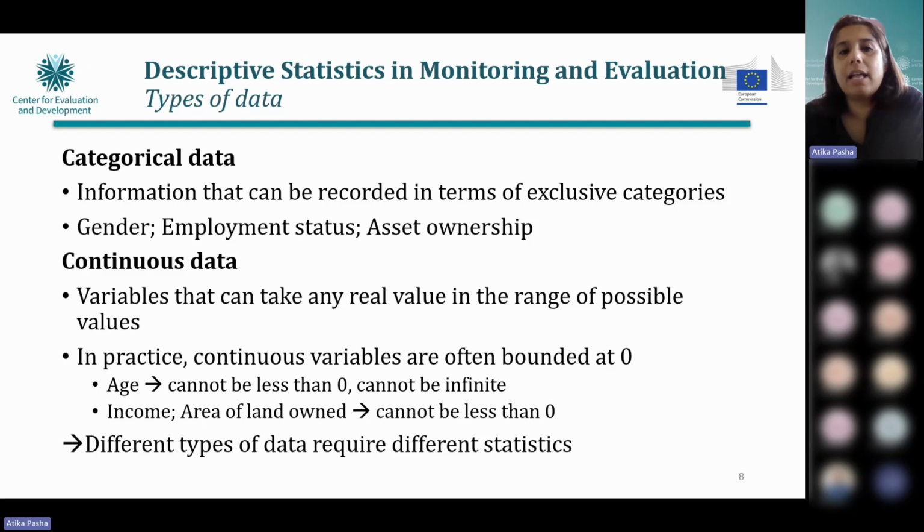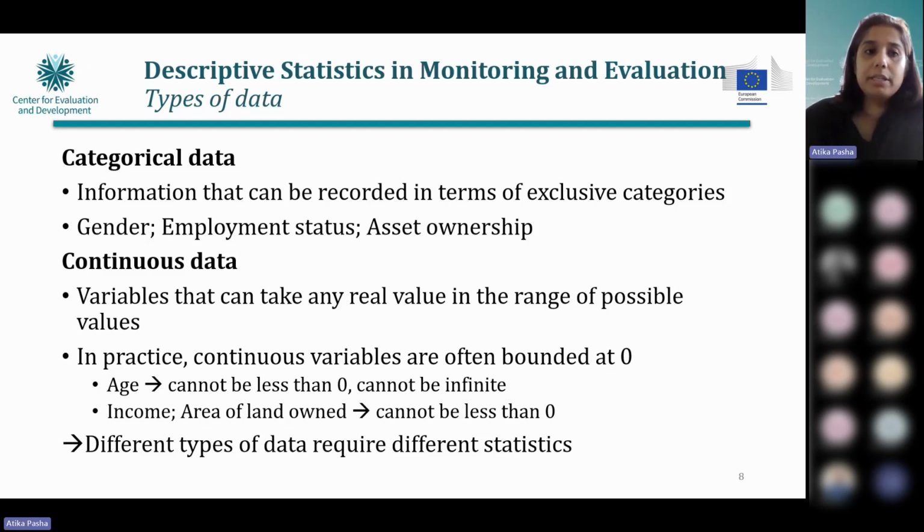This is then a categorical variable with several values, not just a dichotomous variable. Again, these are definitely exclusive categories. Employment status can also be, are you employed or not? And then it becomes a dichotomous variable.